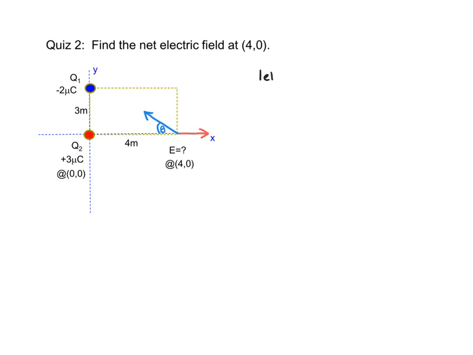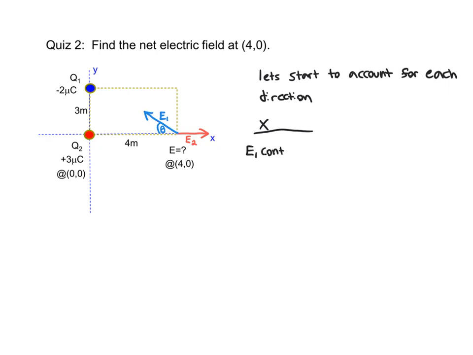So let's start to account for the net E field in the x direction. In the x direction, we're looking for the contribution from E1, which is going to be this right here, and then also from E2.